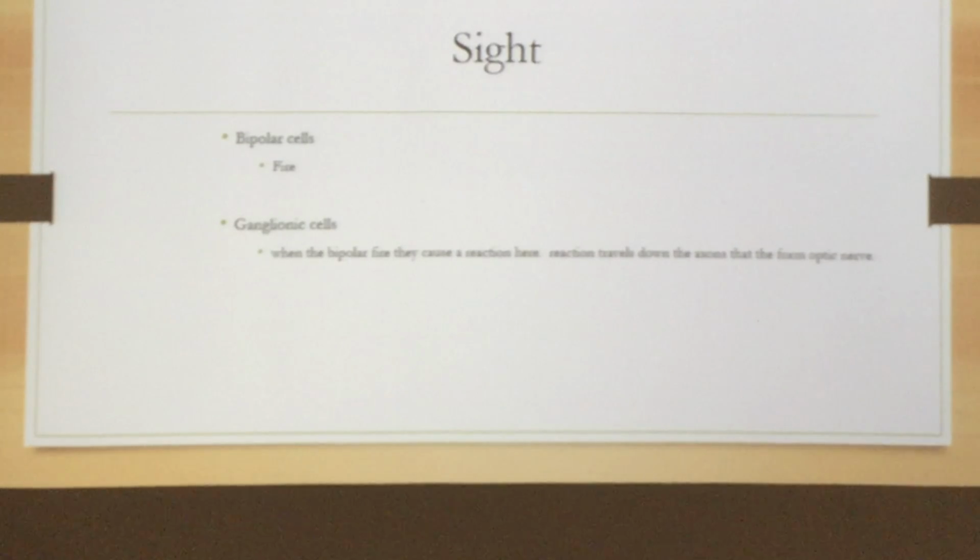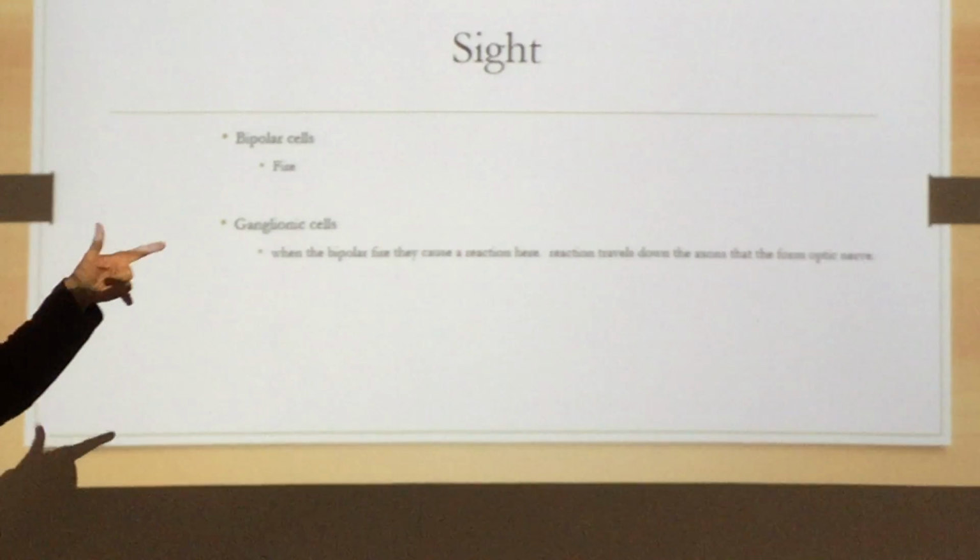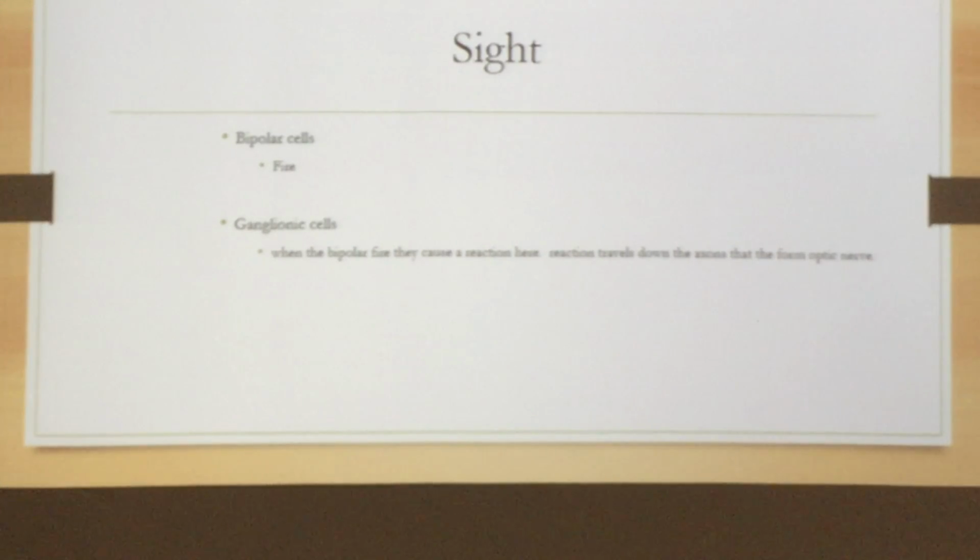So, we have the light, it goes through the cornea, through the anterior chamber, through the aqueous humor, through the pupil, then it goes through the lens, it passes through the vitreous humor in the posterior chamber, goes to the retina, and the retina has 3 layers of visual cells, the first being the rods and cones, the second being the bipolar cells, and these bipolar cells fire, and when they do, they cause the ganglionic cells to have a reaction.